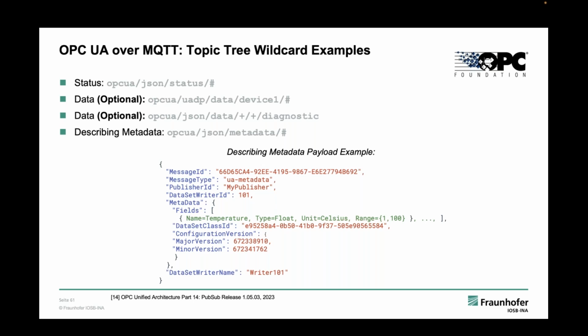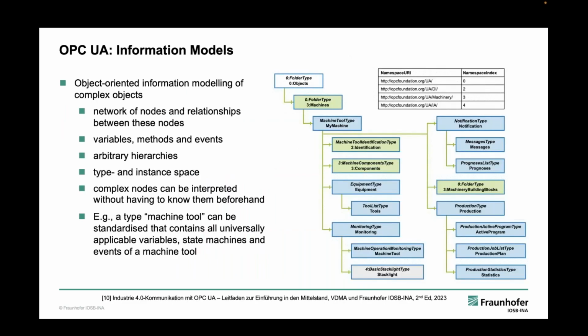And you can, of course, also subscribe to metadata. We see a payload example for describing metadata at the bottom of this slide. I just want to highlight the green part. You can imagine that it's, for instance, a data field with the name temperature, and you get some metadata here. The data type, the unit is degrees Celsius, and you have the normal range of 1 to 100 that is specified here in this metadata message.